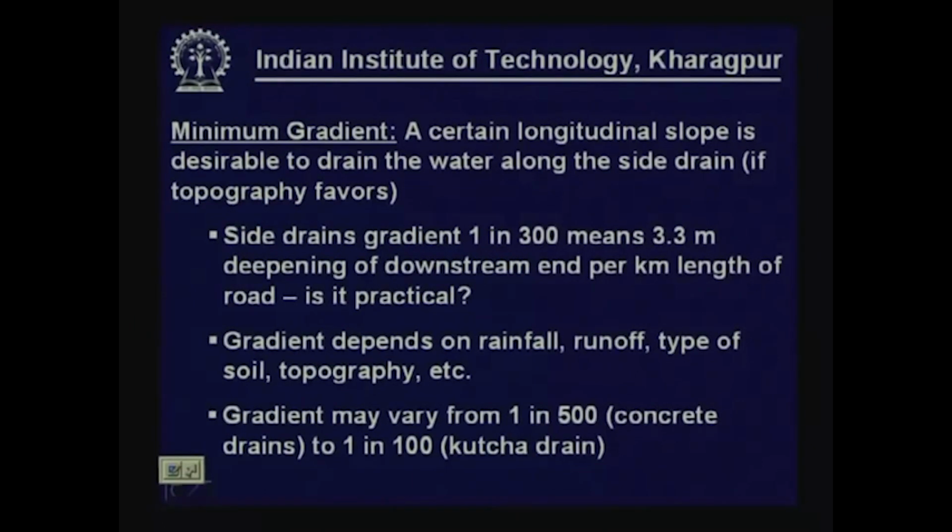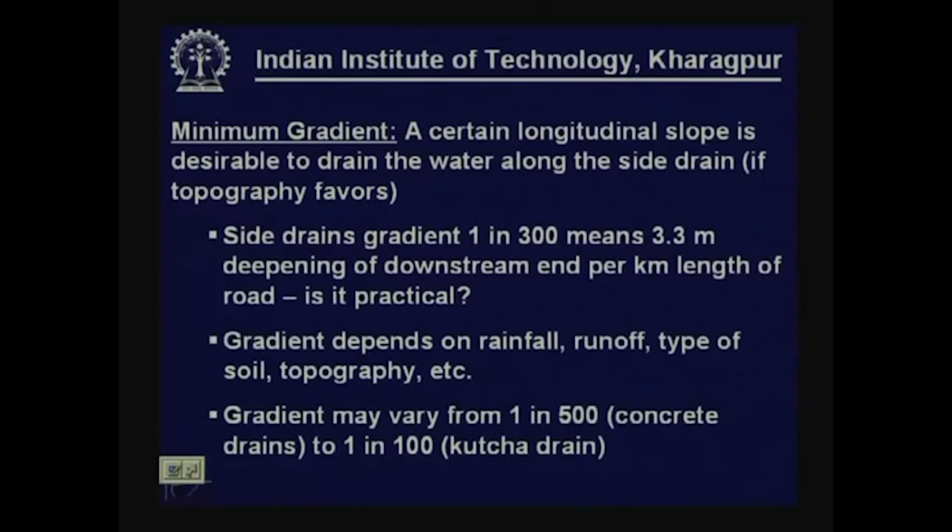Say if we consider even a mild slope, say 1 in 300, which is generally a mild slope, then that means for a length of 1 kilometer, we need the downstream to be deeper by 3.3 meter as compared to the upstream.